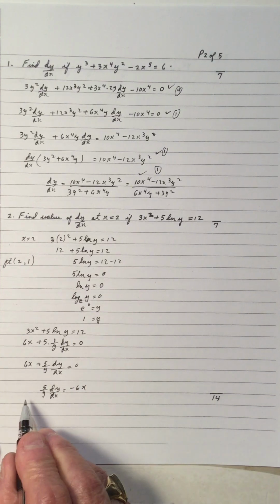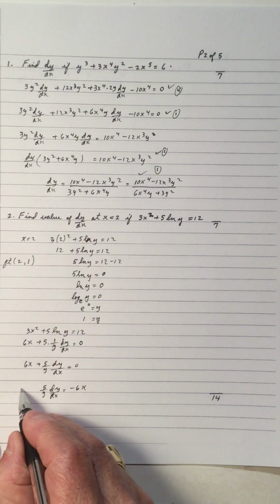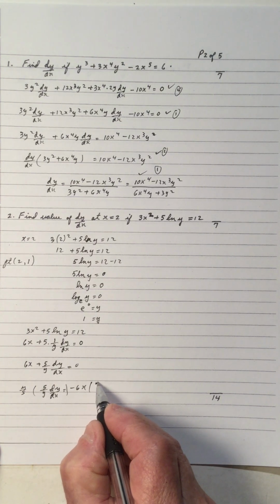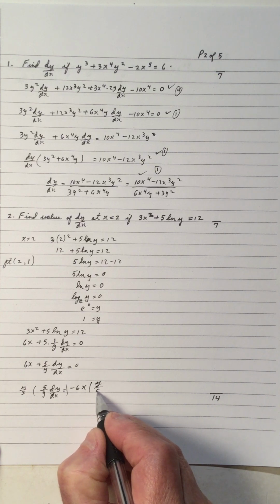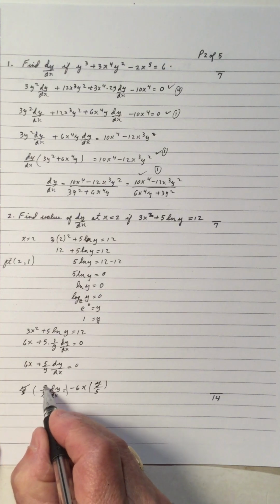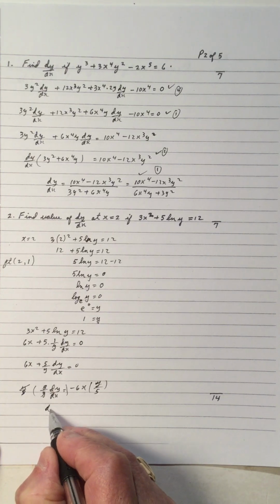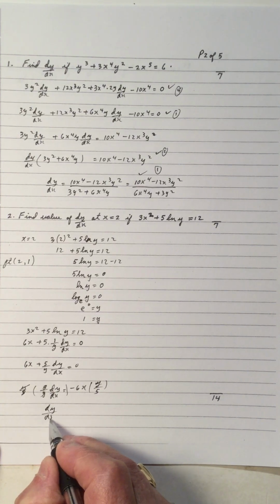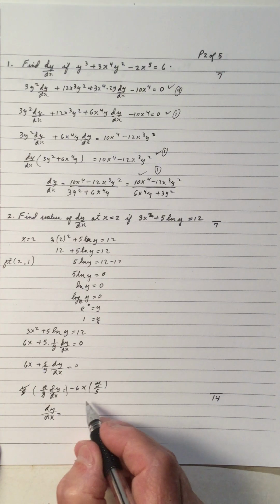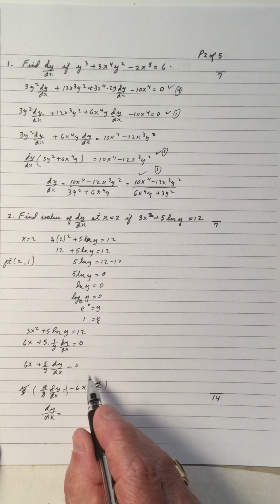We have a fraction there, so let's multiply each side by y over 5, the reciprocal. They cancel out, so I get dy/dx is equal to, that's negative 6x, times y over 5.